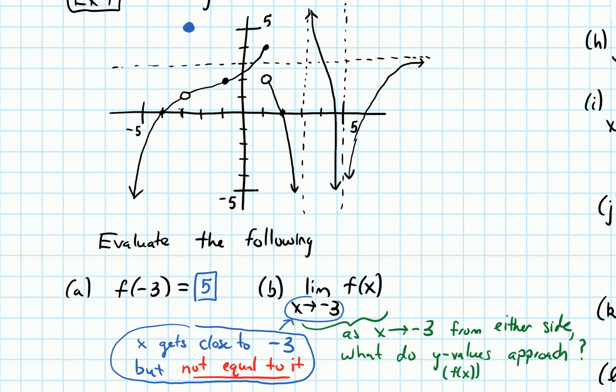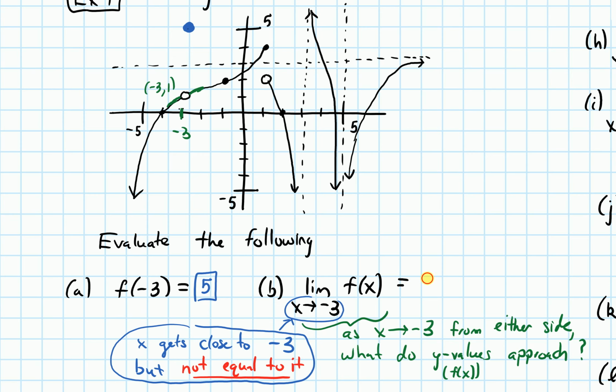The y values are what f of x is. Looking at my graph, here's where -3 is. As we get close to -3 from the left-hand side, the y values seem to converge on the y value of the hole. And from the other side, as you get really, really close to -3, the y values get really close to 1. The coordinates of the hole are -3, 1. And that's our limit right here.